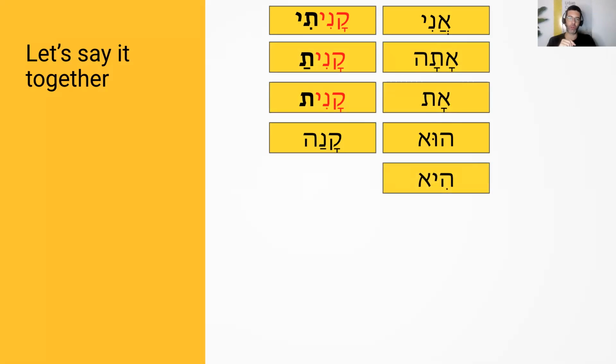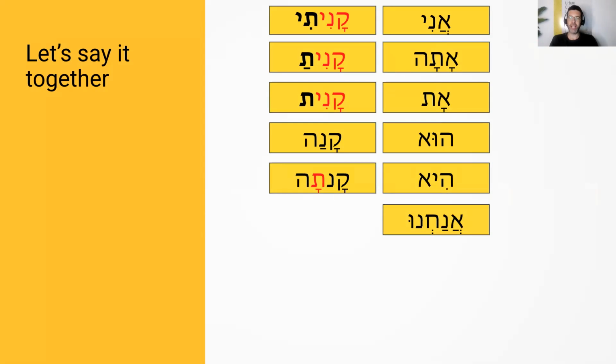For the she pronoun, we take the basic form, kana, and add a taf right before the last hey, splitting it in the middle. So hu kana vehi kanta. עוד פעם, הוא קנה והיא קנתה. ואנחנו קנינו. Stays the same, קנינו, the e sound.